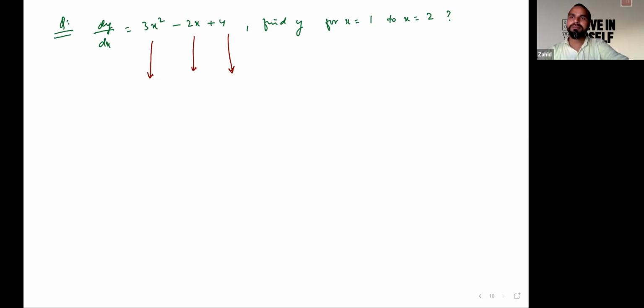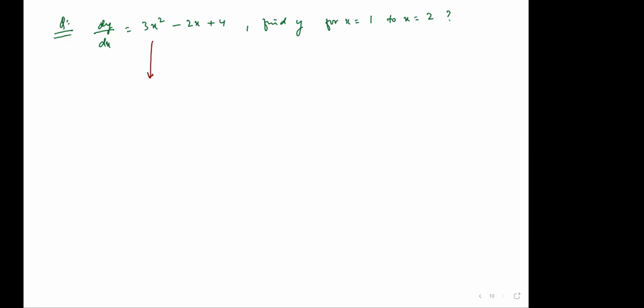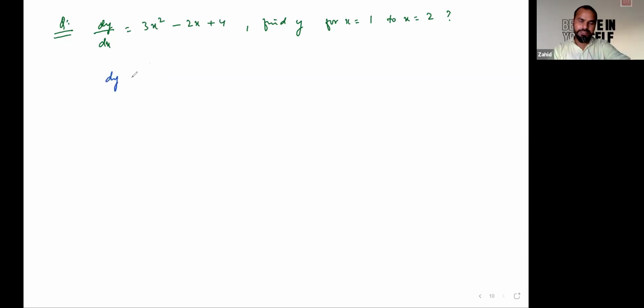Okay. First, try to integrate each part individually. So it will become 3x squared dx minus 2 times x dx plus 4 times dx. Integration, integration, and integration.